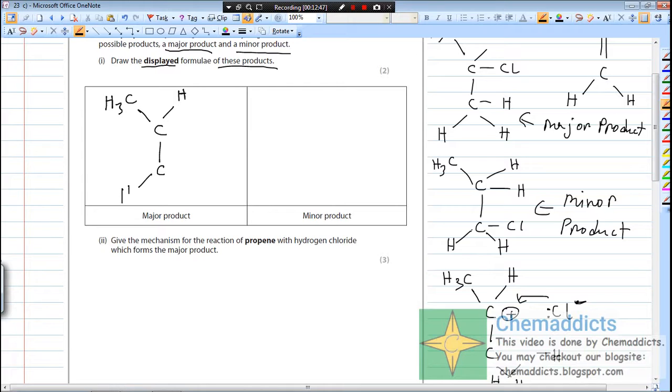Okay, so for the 2 degree carbocation the hydrogen must be added here and chlorine should be here. Okay, so this is the major product, and the minor product should be from the 1 degree carbocation. Okay, so the minor product is formed from the 1 degree or primary carbocation. So at first let us draw the structure for the 1 degree carbocation.